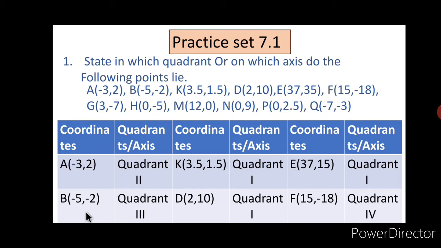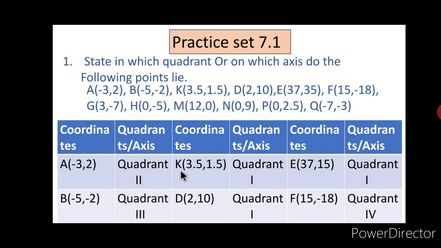Then next point is B, whose x coordinate and y coordinate are -5 and -2. Both the coordinates of the point B are negative. Therefore, point B lie in the third quadrant.